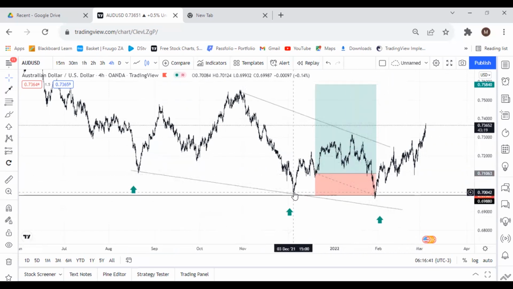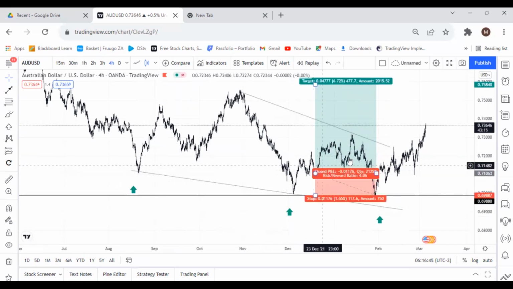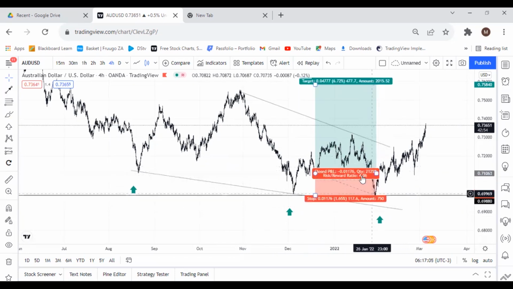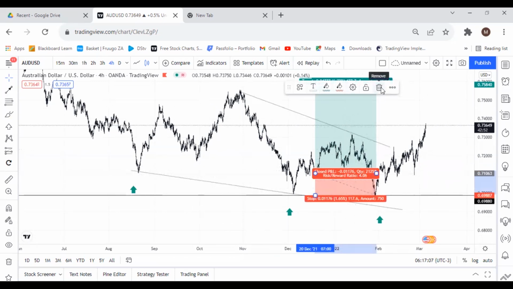So what I'm saying is, rather wait for the third touch instead of going all in just from the second one. The second one, it's okay. In most cases, it works out. Okay, not most cases. Disclaimer. So basically, the third one has more confluence. It's less risky.